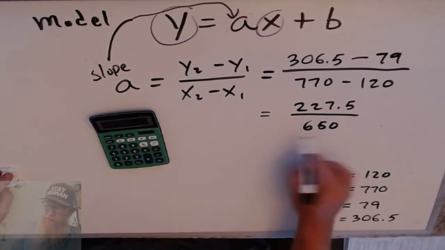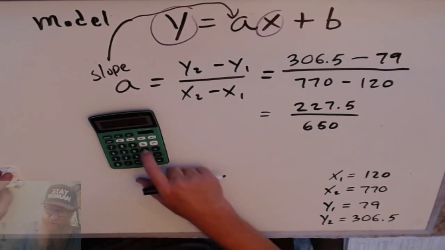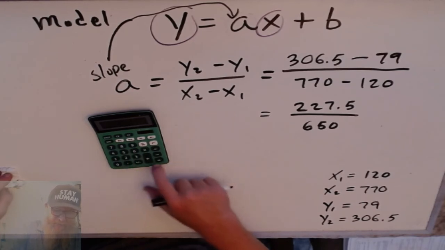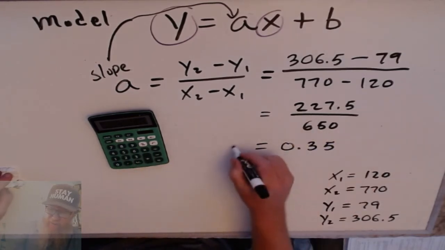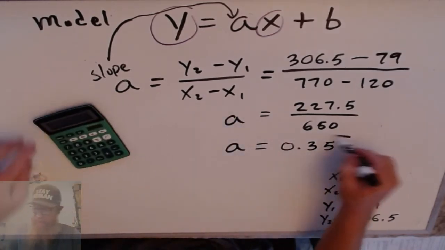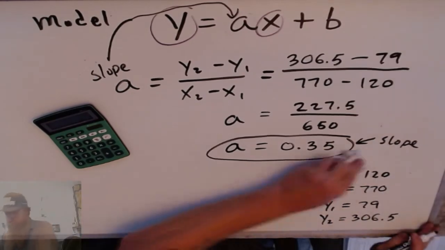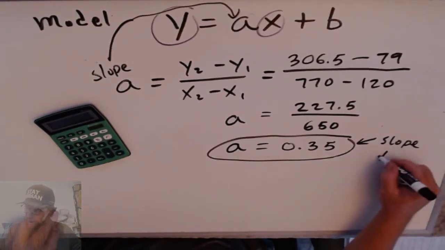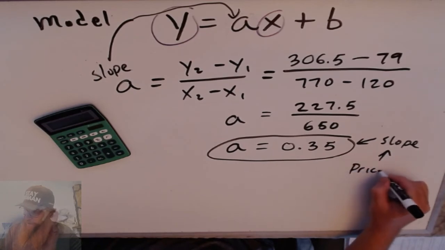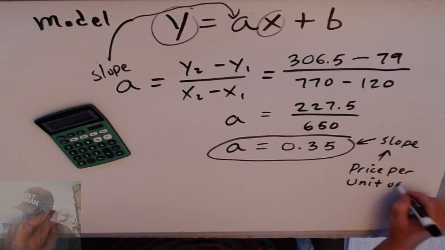And now I'm going to divide that. 227.5 divided by 650 is 0.35. That's my A. This is the slope. In a word problem like this, slope means price per unit of data.